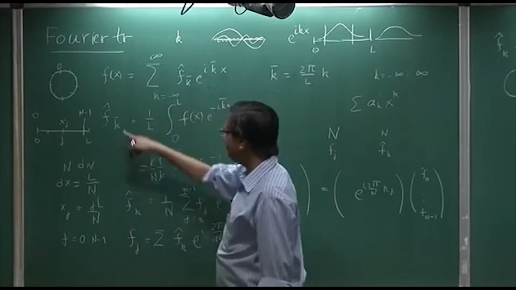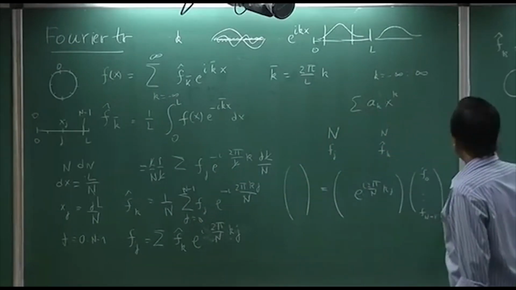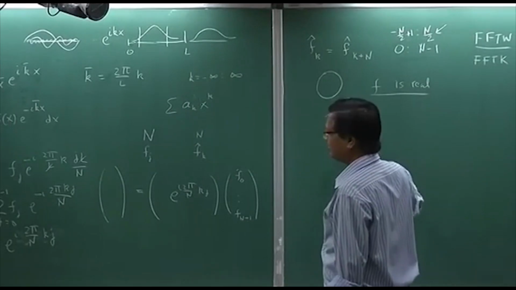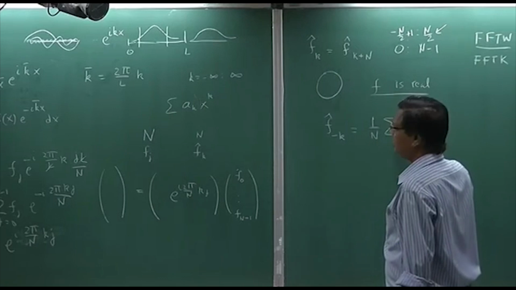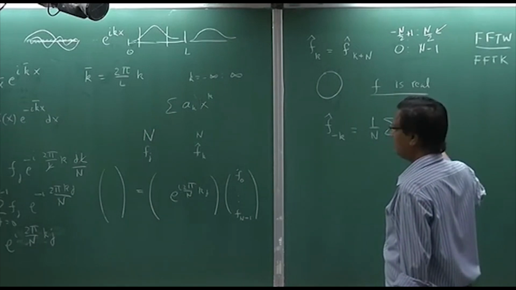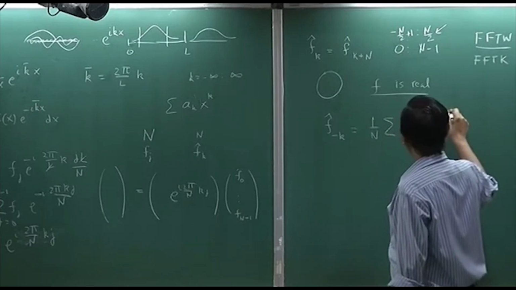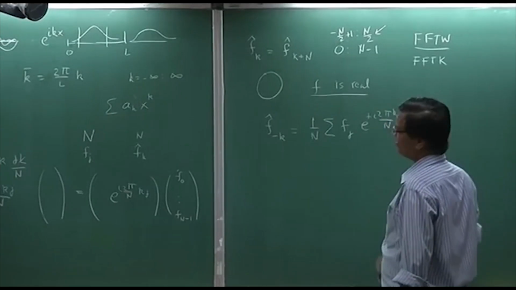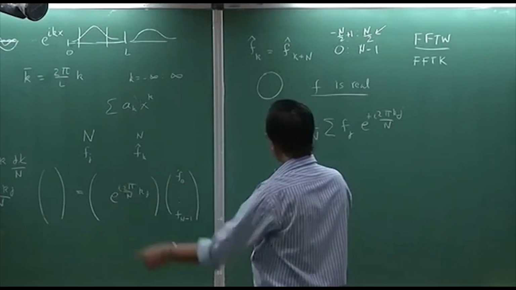So, k and k bar are equivalent by this multiplication. What about f hat of minus k? It will be 1 by n, f_j, with minus 2 pi becoming plus 2 pi k j by n, right. What about the complex conjugate of that equation?